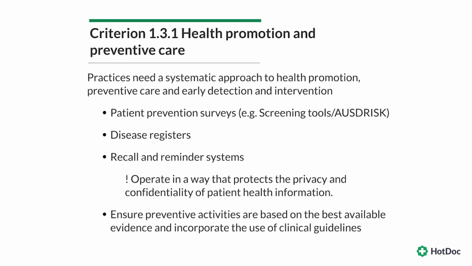This could be screening questions that you might use in the waiting room or before the patient comes in to see the GP, or for example things like the AUSDRISK, the Australian Diabetes Risk Questionnaire, where the patient fills that out and then we can calculate the risk of type 2 diabetes.